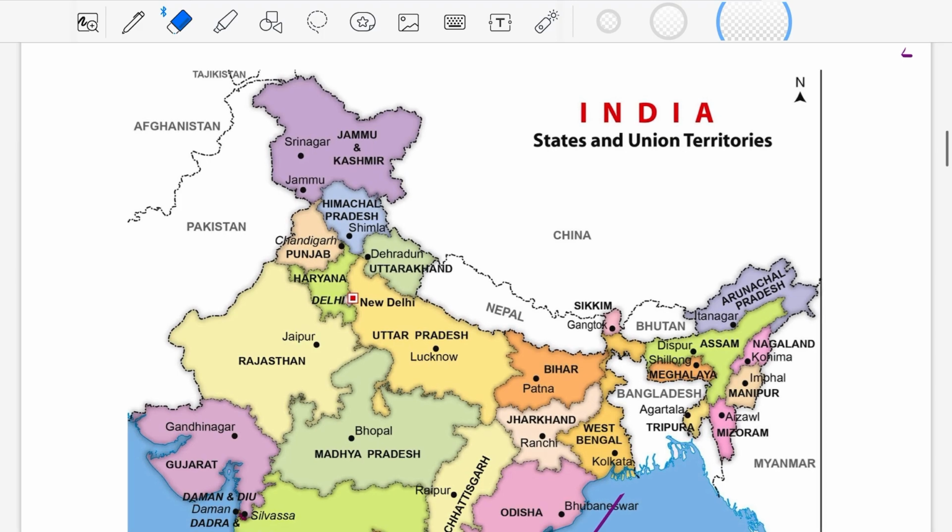Next we'll try to understand its neighbor countries. What all the neighbor countries are there?